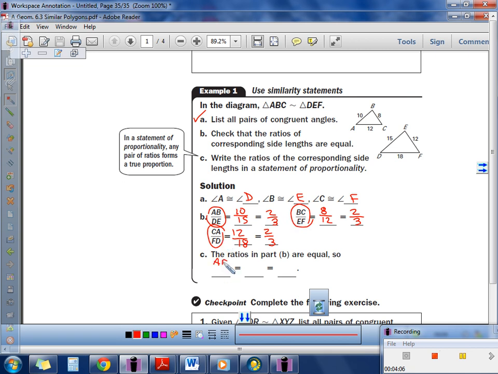So AB over DE, BC over EF, and CA over FD. Why can I say that they're all equal? Because they're all 2/3. If they weren't all 2/3, could I do that? No, I couldn't do that.